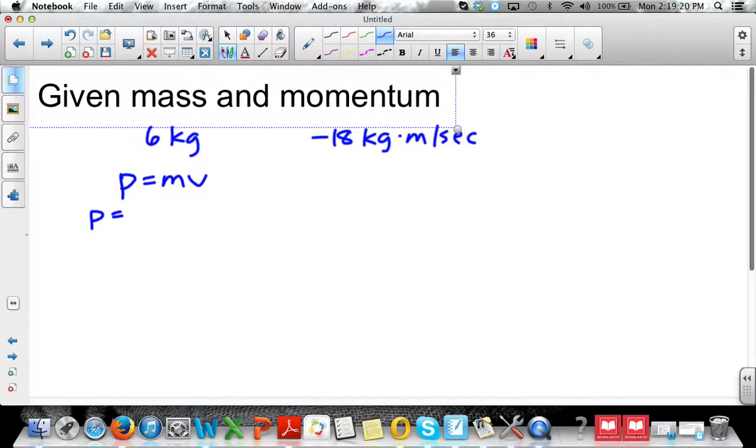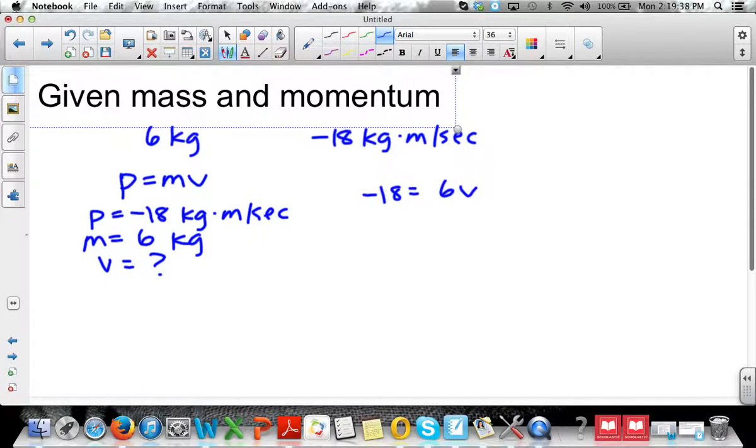The momentum is that negative 18 kilogram meters per second. M is 6 kilograms. V, I don't know that yet. So I'll plug all this in, and to solve for V here, I'm going to have to divide. And I get negative 3 meters per second, because its velocity is V.